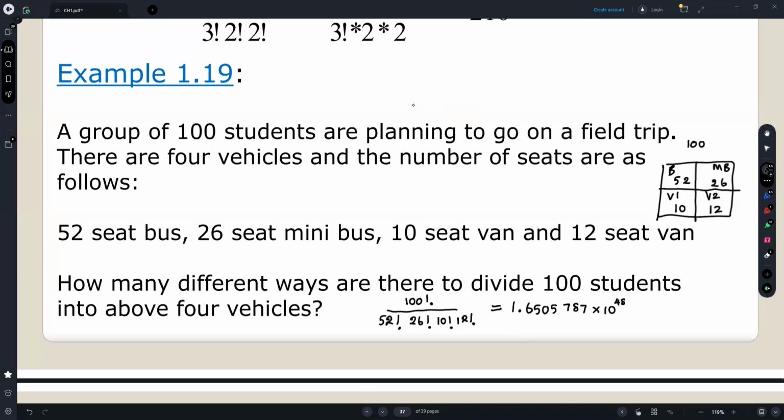Yeah. Right. So this is going to be a huge number, 10 to the 48, right? A very, very huge number. Okay.